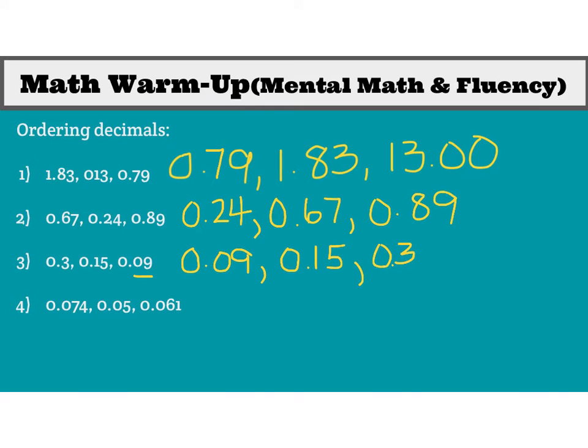Now remember, that would be 30/100ths if we place that 0 there. So again, this would be kind of like thinking that was 9 cents, 15 cents, and 30 cents, if it helps to think of it like money.